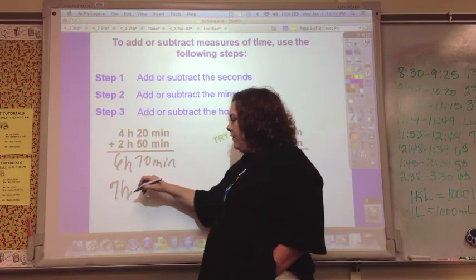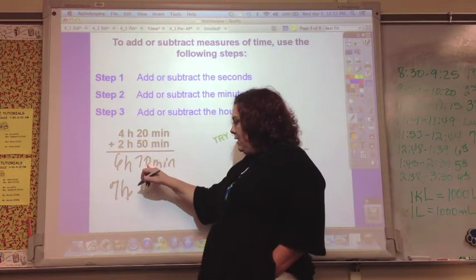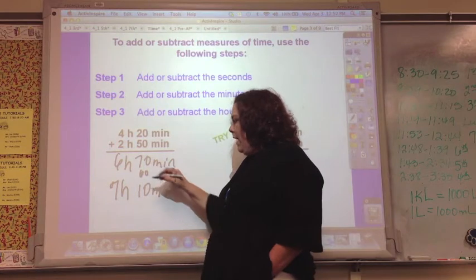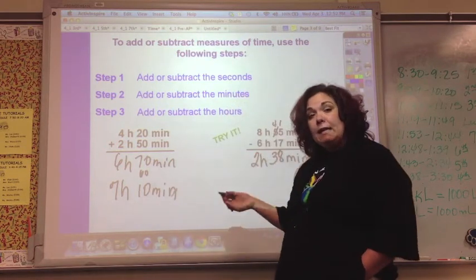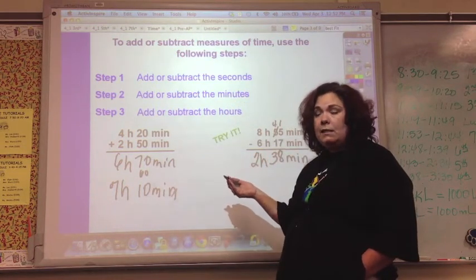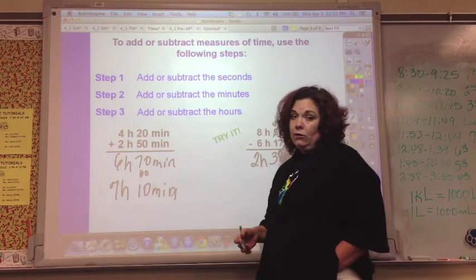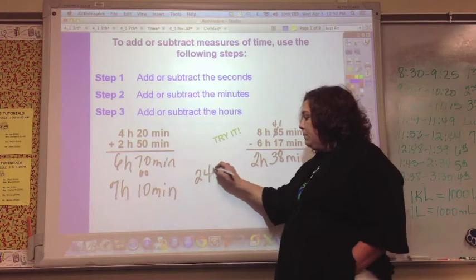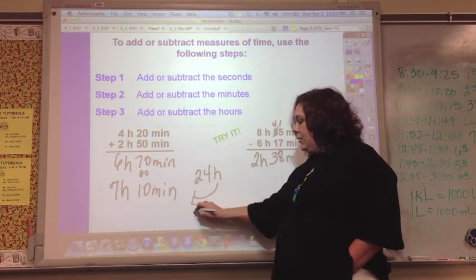So it makes it 7 hours, and 70 minus 60 is 10 minutes. So you have to convert that. If it goes over 60 seconds or 60 minutes, you need to convert it to the next longest thing. And if you go over 24 hours, you need to convert that to a day.